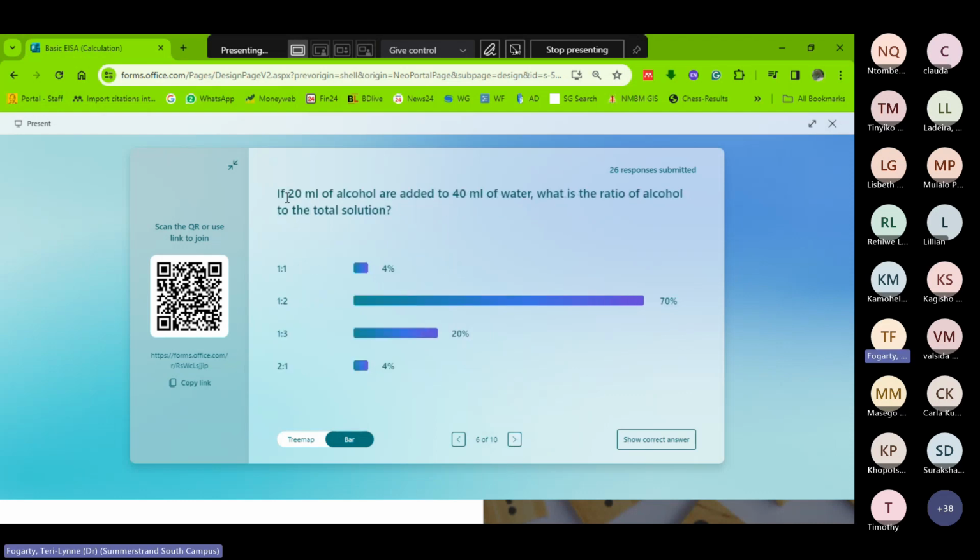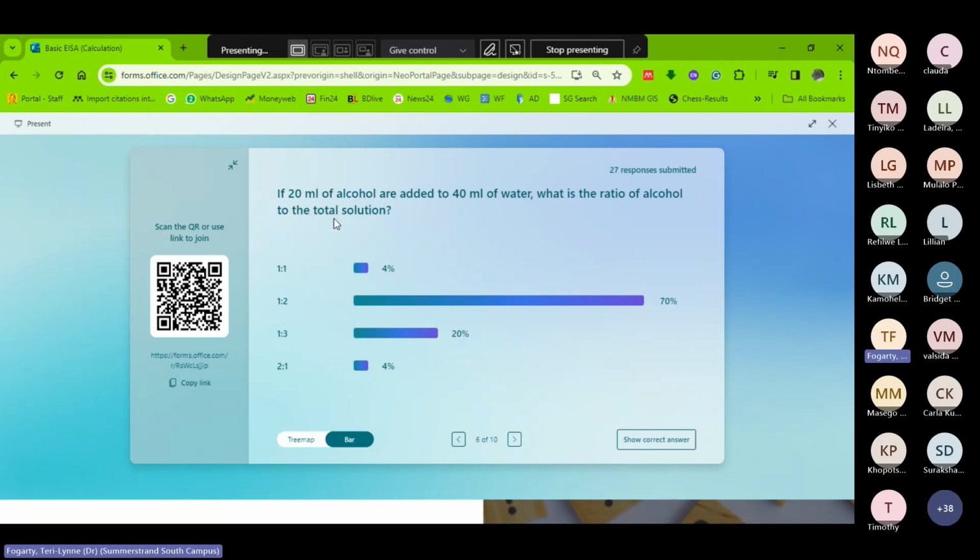Okay, here's the next question. This is an example of how you need to be careful reading the question. And I've got a slide to show you how to work this one out. If 20 mils of alcohol are added to 40 milliliters of water, what is the ratio of alcohol to the total solution?